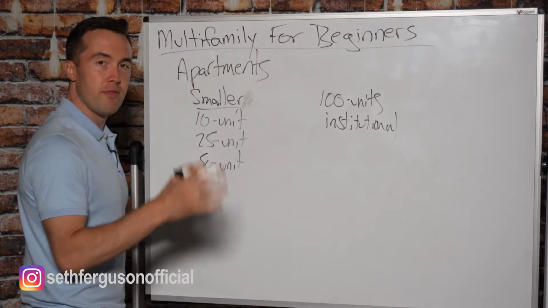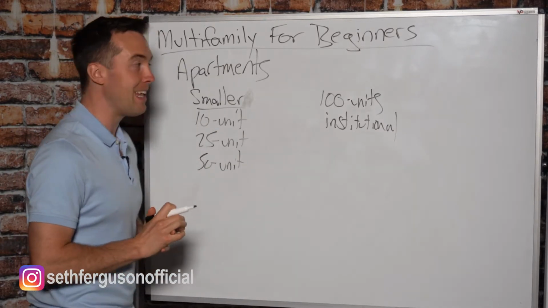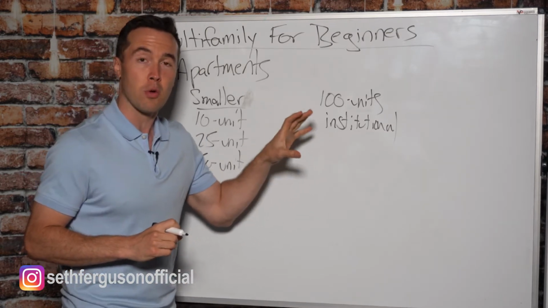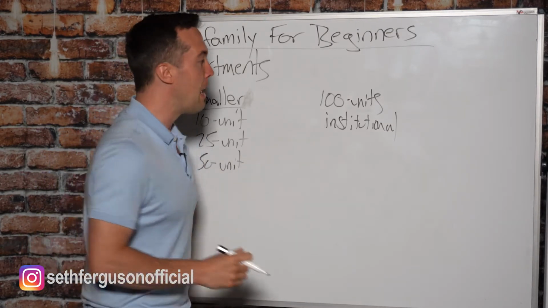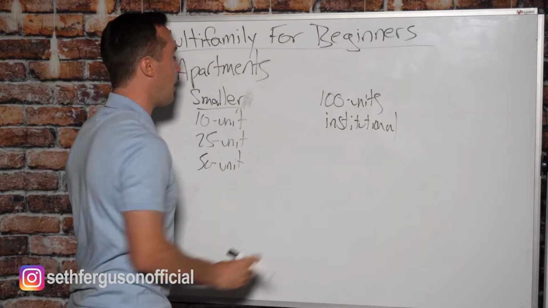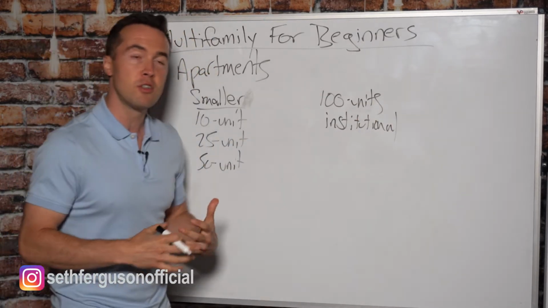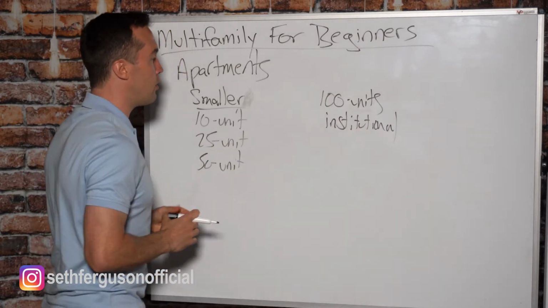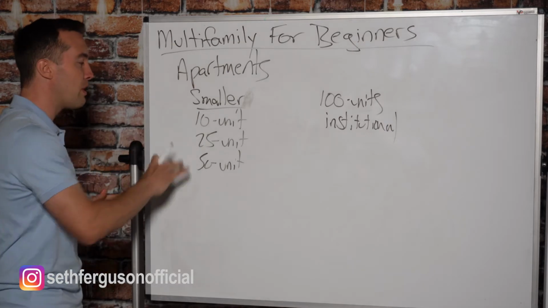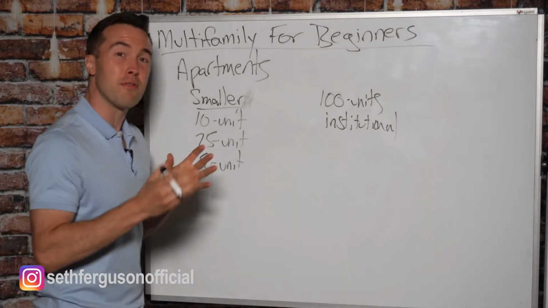If somebody says they just purchased an institutional quality or institutional grade building, they're talking about something, generally speaking, 100 units and up. If you're talking about non-institutional, you're going to be under that 100 unit mark. And if you're talking about smaller multifamily properties, you're in that 10, 25, anything really under that 50 unit mark.